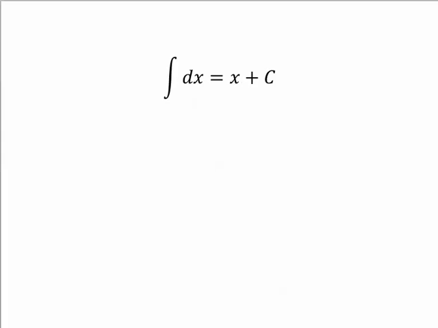But you kind of already knew that, didn't you? The derivative of x plus c is equal to 1. And so the antiderivative of 1 dx is equal to x plus c. Now if you had a 5 there, then the antiderivative would be 5x plus c. And again, just check. What's the derivative of 5x plus c? It's equal to 5. So it works out great.